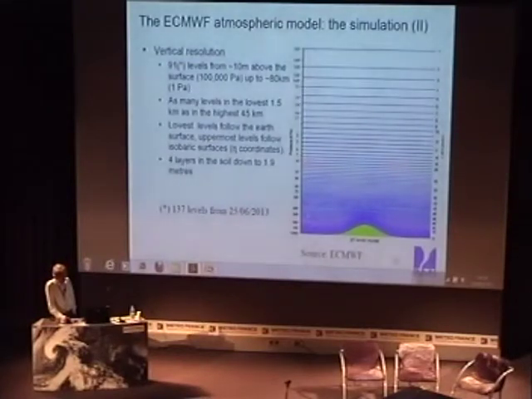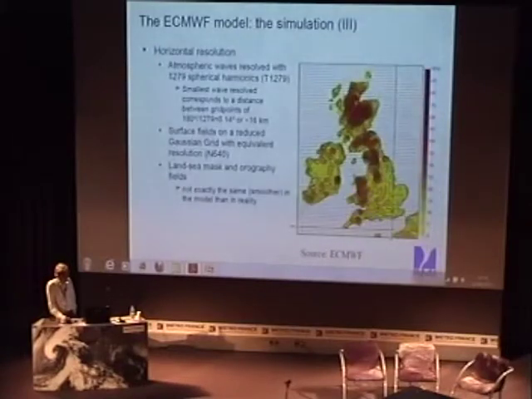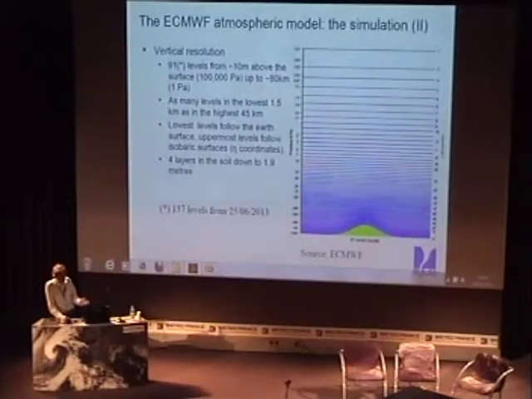And this starts from 10 meters above the surface to around 80 kilometers. This is an ETA hybrid coordinate system, so it is very close to the surface in the lowest layers, and it follows pressure surfaces in the top layers. I forgot to mention, there are also extra layers in the soil.